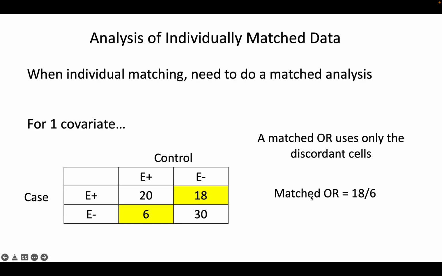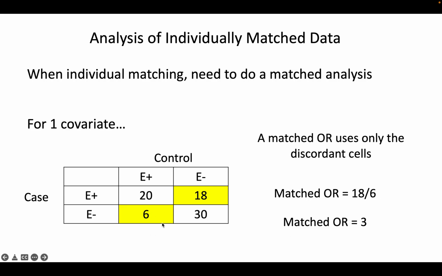It's a ratio of the discordant cells, and the one that goes on top is the time when the case is exposure positive. So this discordant cell is the time when the case is positive and the control is negative, so 18. And this cell is when the case is exposure negative and the control is exposure positive, so 6. So taking the ratio of that, it comes out to 3.